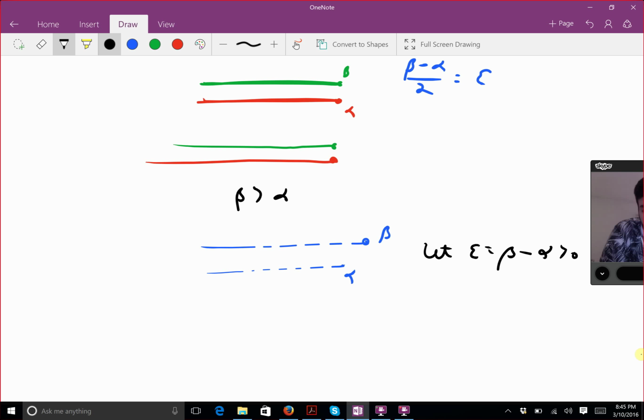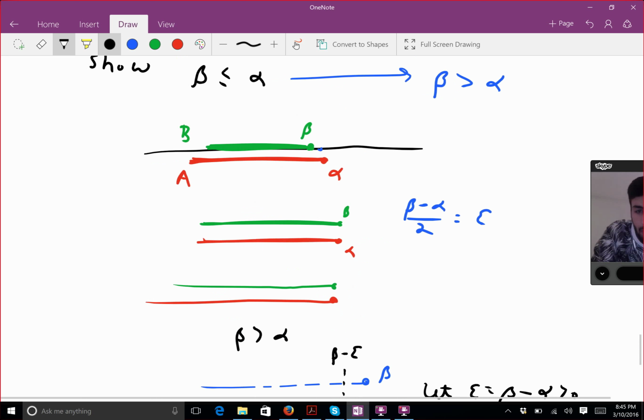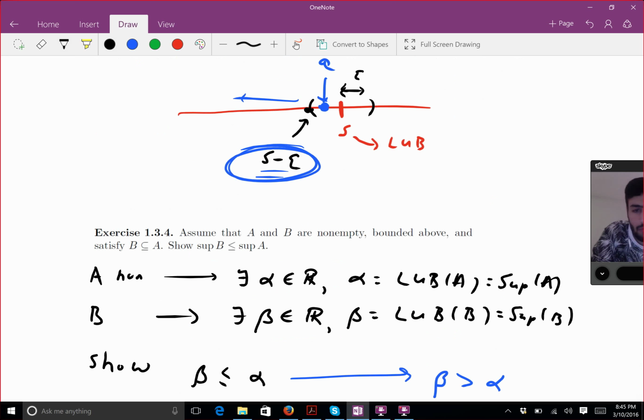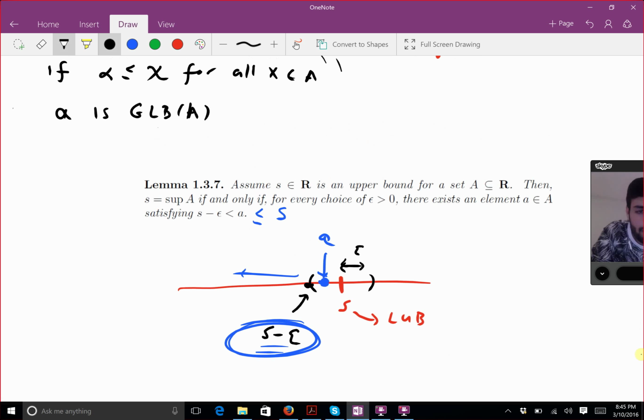Let's think about this. This is beta minus epsilon, right? What did the lemma tell us? It says for every epsilon, between beta minus epsilon and beta, what has to be true? Here's my beta, here's my beta minus epsilon.